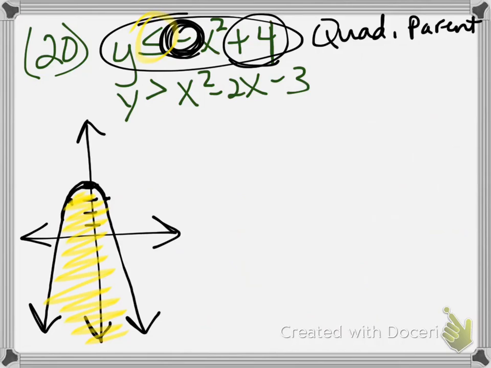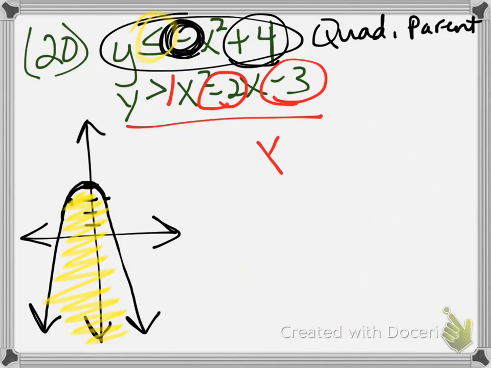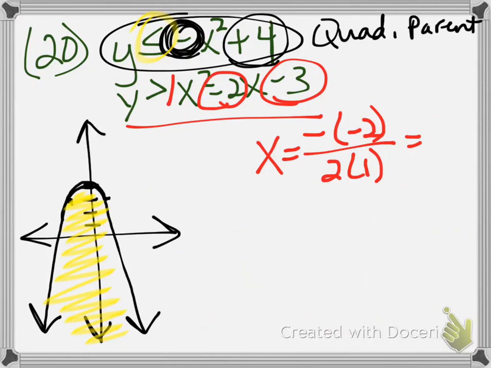Alright, now, when I get to this problem, though, it's in standard form. How do I know the difference? Well, this one has an A and a B and a C. So when I do standard form, I have negative B, so it's a negative negative 2 divided by 2 times 1. So that's positive 2 divided by 2, which is 1. So my x value is 1.